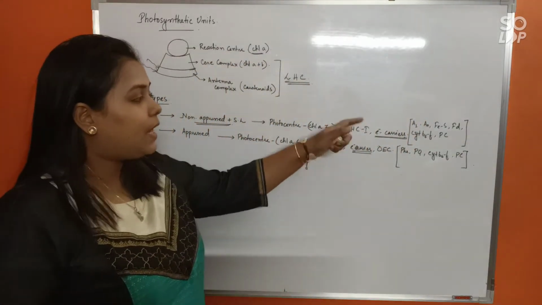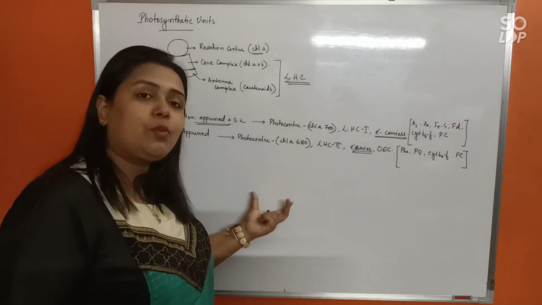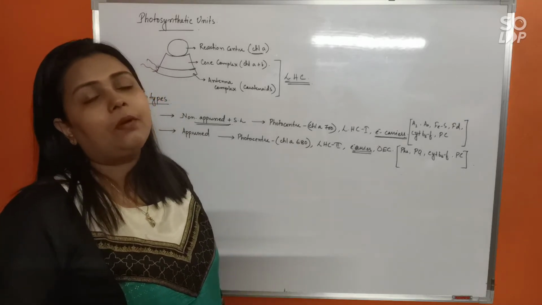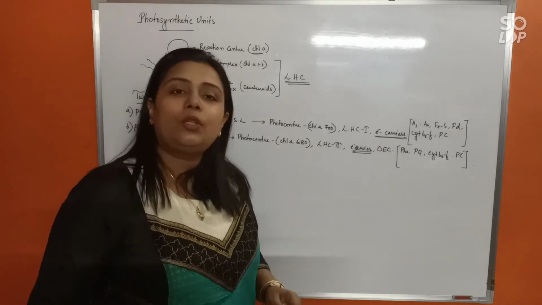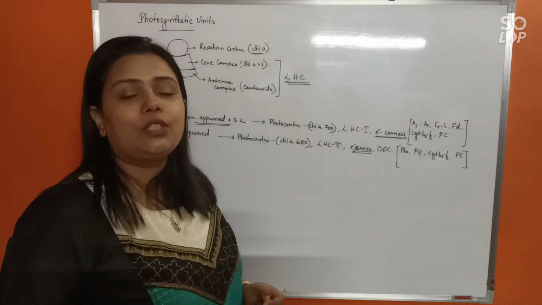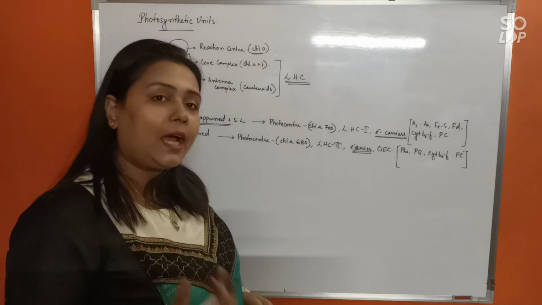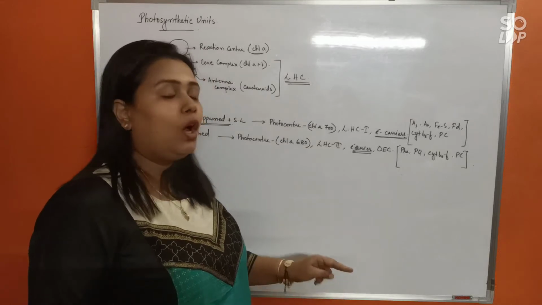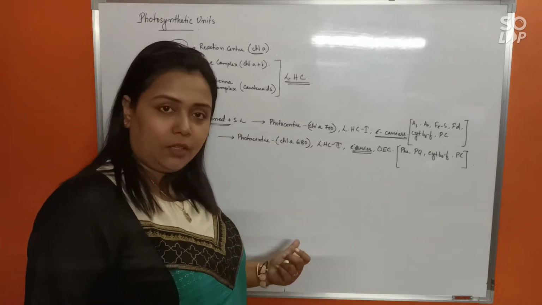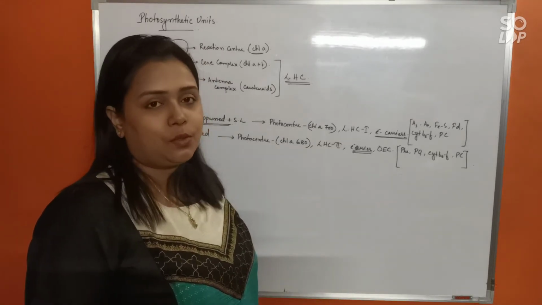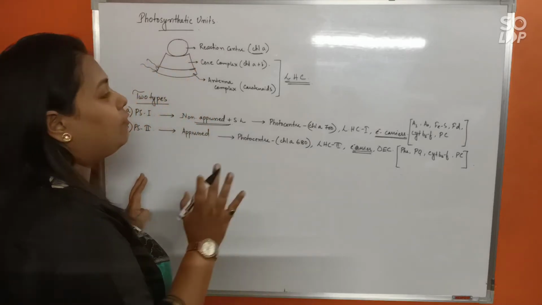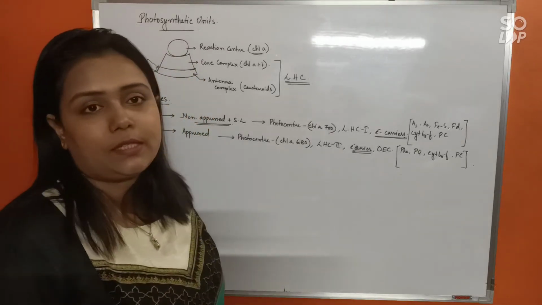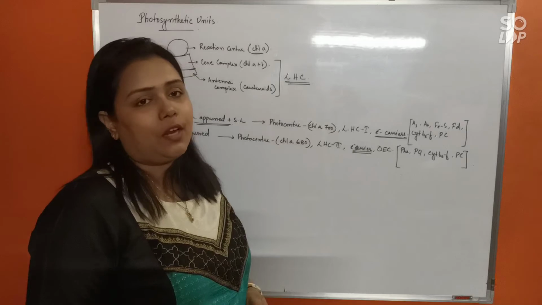Alright, these are the components of PS1 and PS2 which you need to remember very prominently so that you can understand the light reaction very properly. Because in the light reaction you need to first know what the components of PS1 are and what the components of PS2 are. Okay, try to mark it very properly and try to memorize it before we discuss the light reaction.